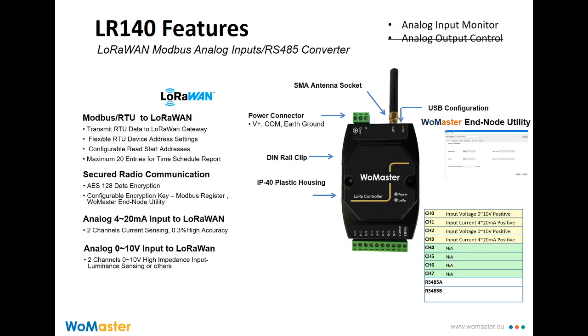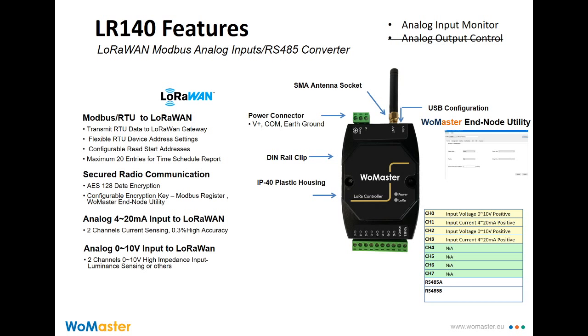It can convert Modbus RTU to LoRaWAN and supports AES 128-bit data encryption for security concerns. For input, it supports analog 4 to 20 milliamp, 0 to 10 volt, and 2-wire RS485 in different channels.